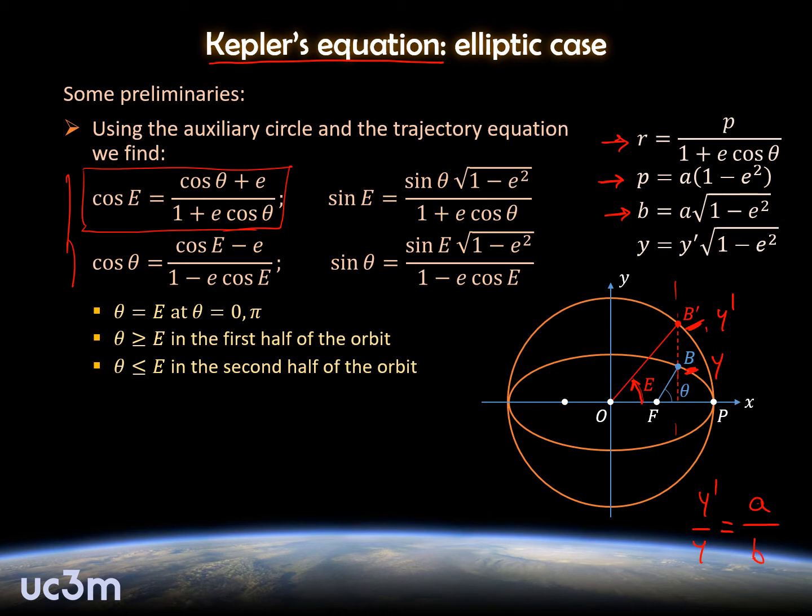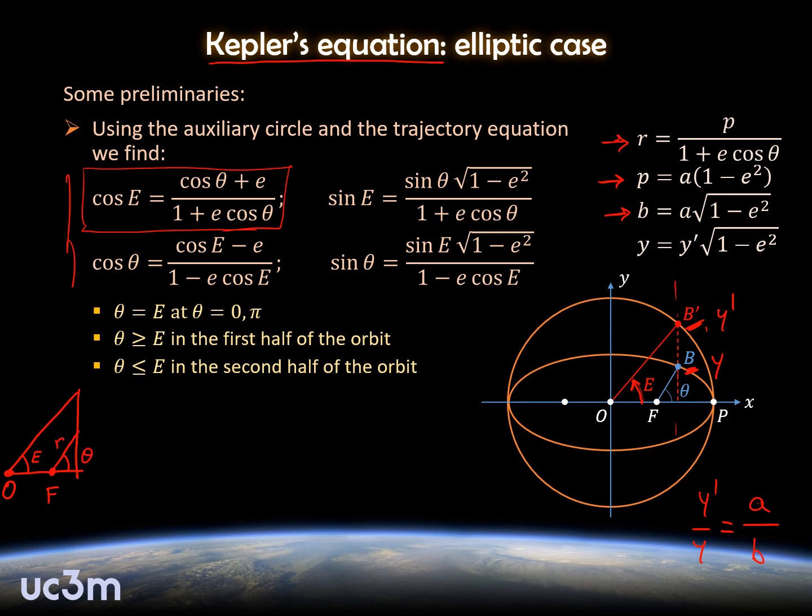In order to work out the first expression, I'm going to look into the triangle that you have over there. Let me reproduce it here to focus our attention better. This is the center of the conic O. This is the focus, and this is the angle theta.